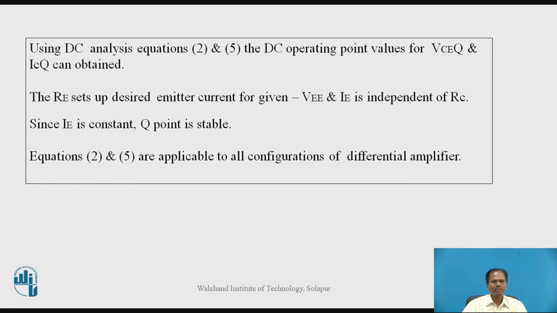So using the DC analysis, equations number 2 and 5, the DC operating point values for VCEQ and ICQ can be obtained. The emitter resistor RE sets up a desired value of emitter current for a given value of negative DC biasing supply voltage minus VEE, and the emitter current I is independent of collector resistor RC.